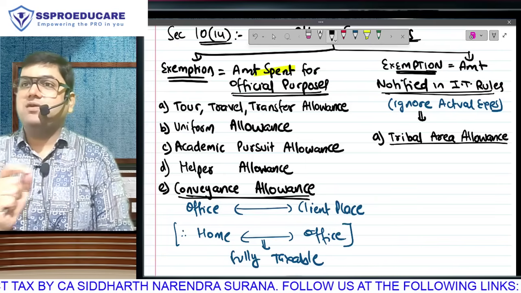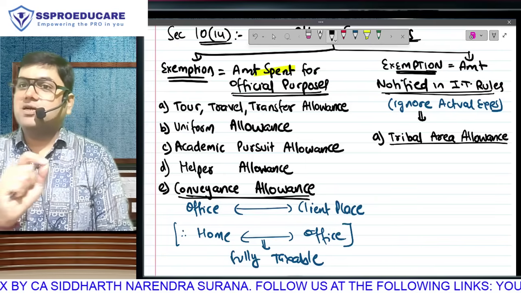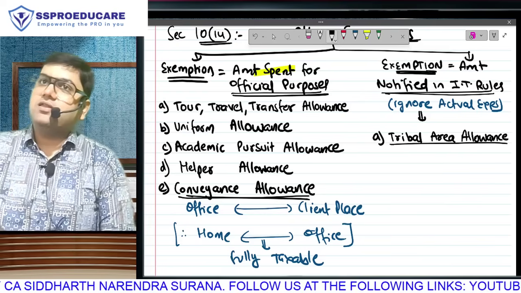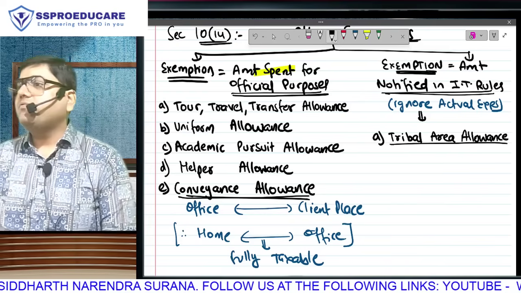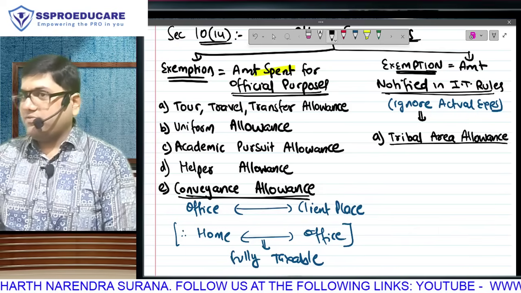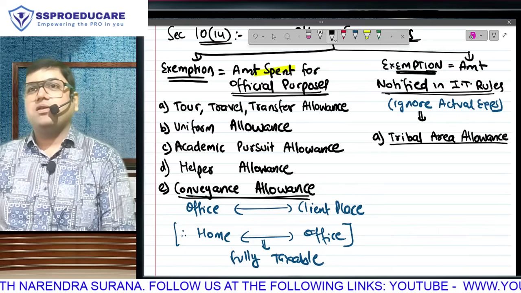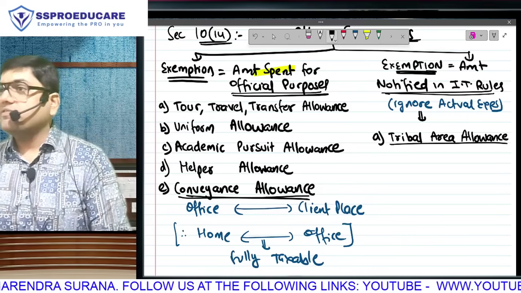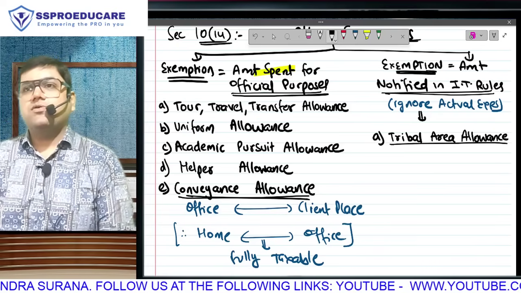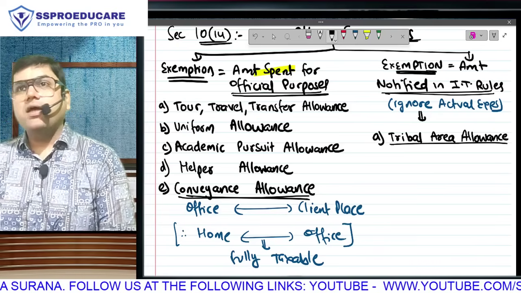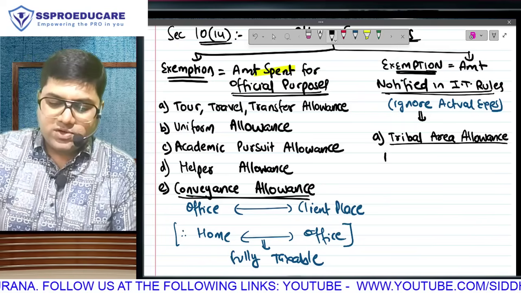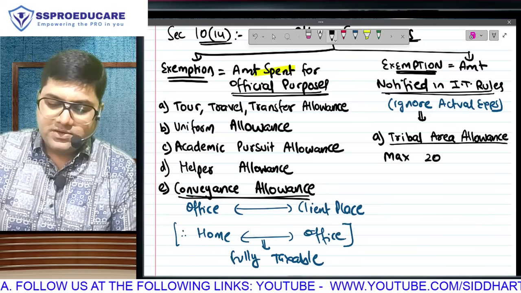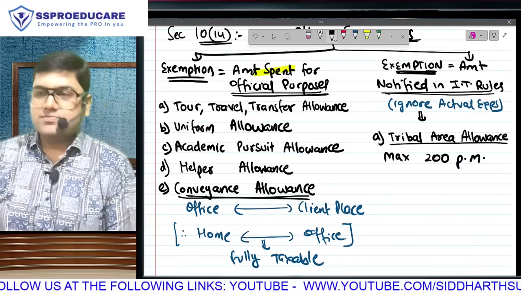He can give you chashma allowance, roti allowance, kapda allowance, banyan allowance, chaddi allowance, anything. Here he is giving you money to work in a tribal area. How much can he give? Any amount? Exemption is going to be maximum 200 rupees per month.